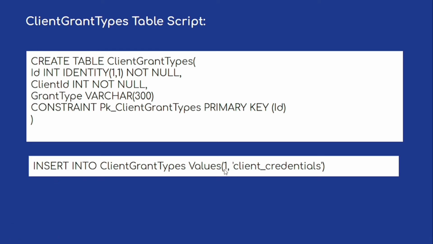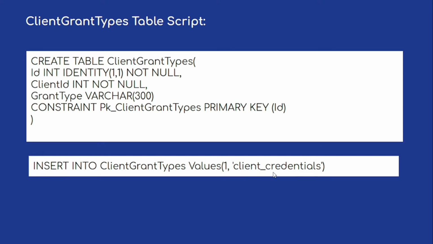For the client ID 1, the client table primary key ID 1, we are inserting it as a reference, and here see client underscore client credentials. This is the constant string value for client credentials. This is the default understandable keyword by the identity server framework. You should insert this value like this only.